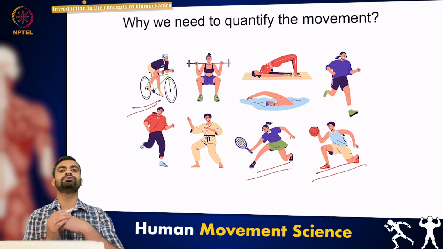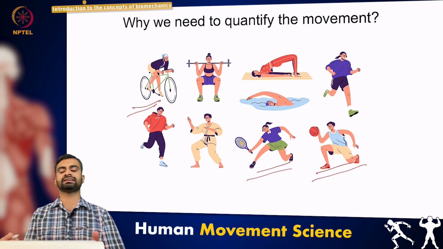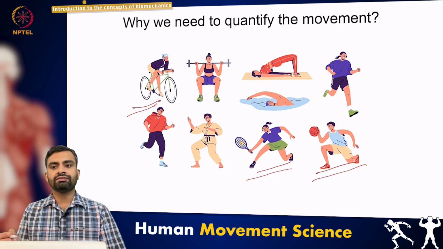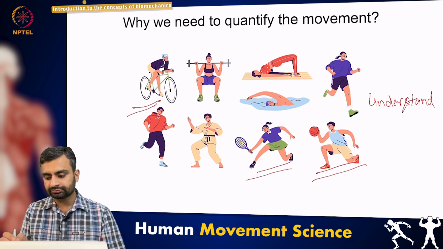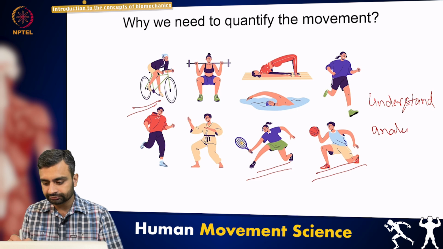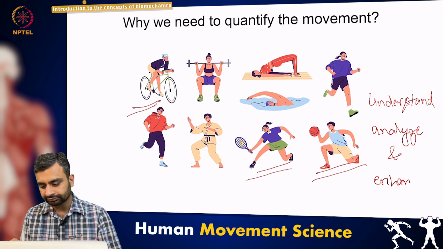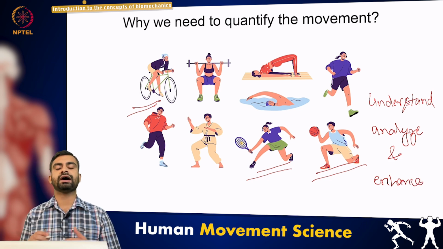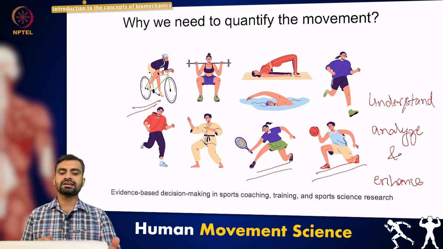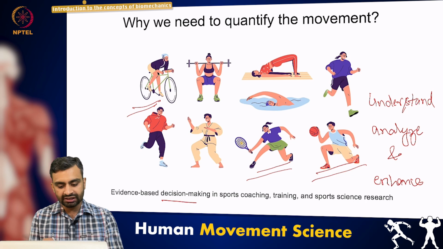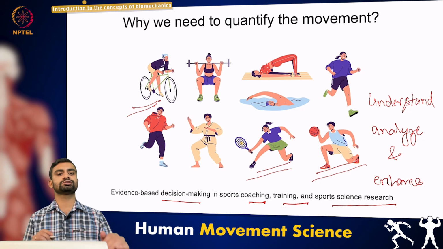Quantification of movements provides a solid foundation for understanding, analyzing and enhancing athletic performance, while we can reduce the risk of injuries. It also allows us to have an evidence-based decision-making process for coaching, training and research activities in sports science.